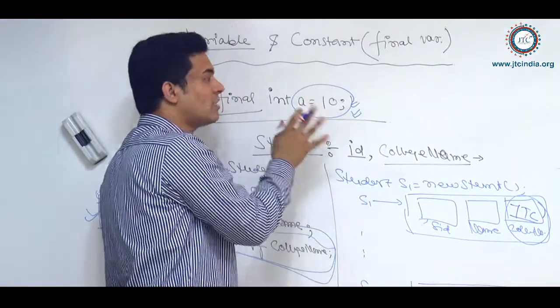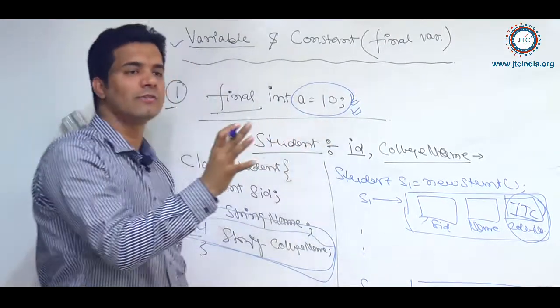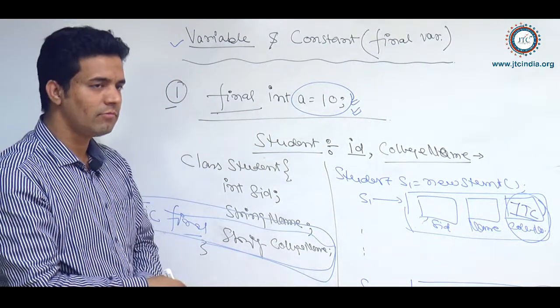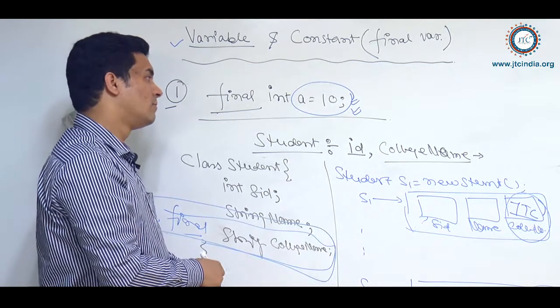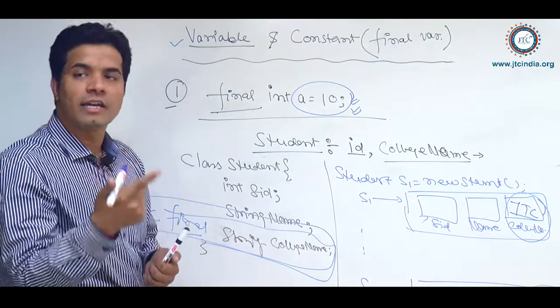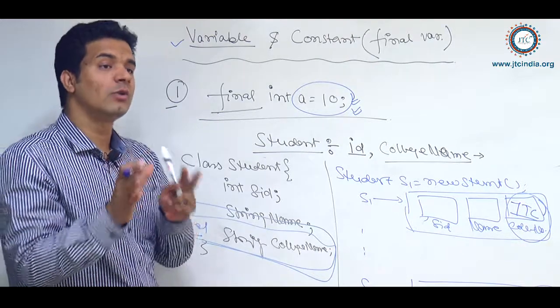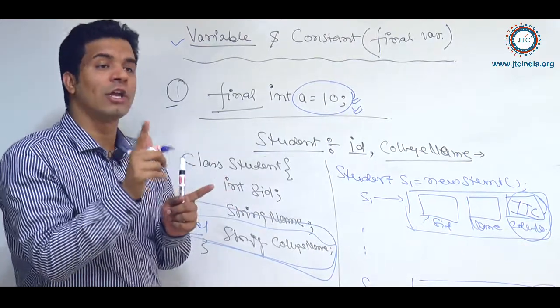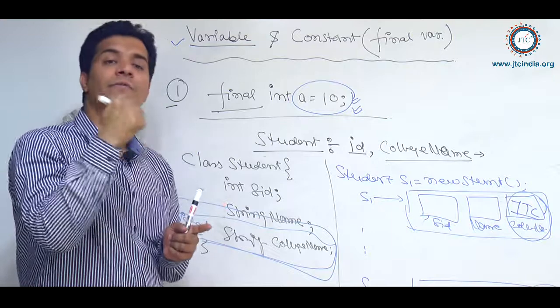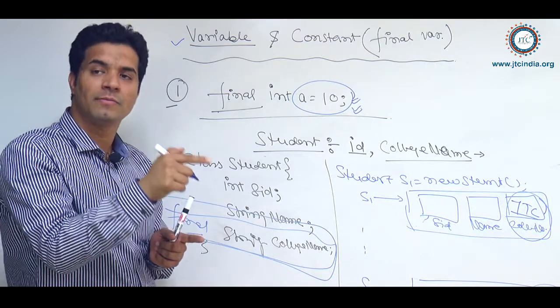I am supposing this as an instance variable. What is an instance variable? We will see. I don't want to allocate memory again and again, because if it is a constant, memory has to be allocated only once, and a fixed value should be available inside that memory location.